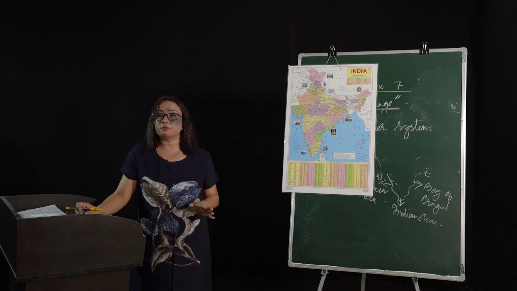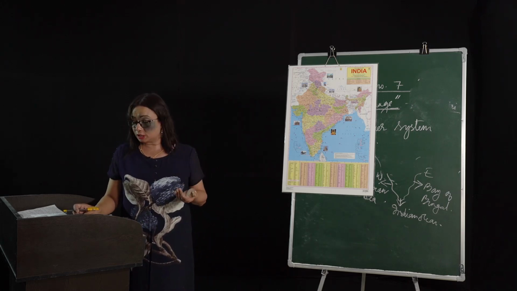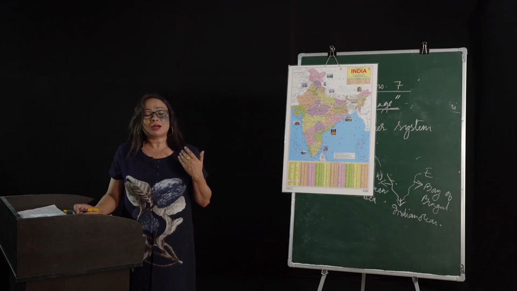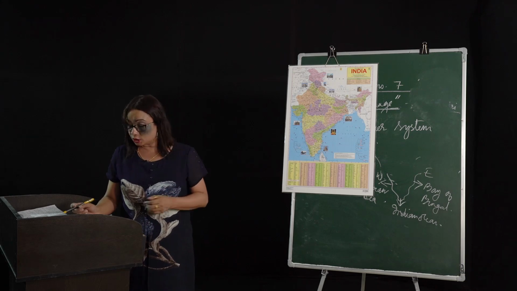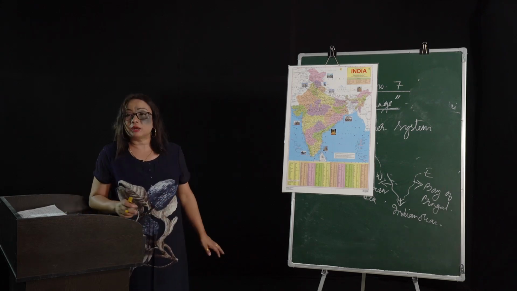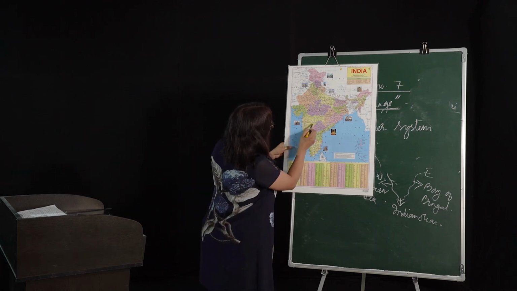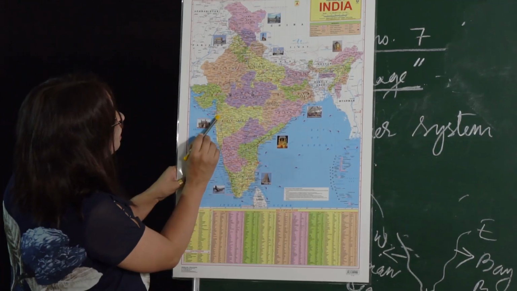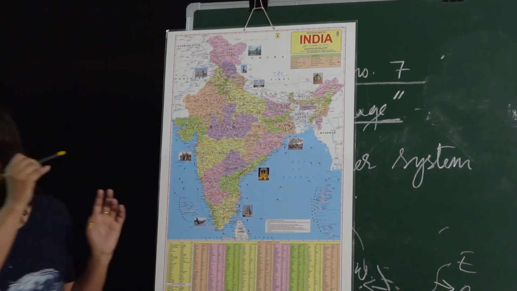Questions come many a time as multiple choice questions as well as 1 mark questions in your board exam. The Godavari is the largest peninsular river, and it also starts in a place called Nasik in Maharashtra. Nasik is exactly here in Maharashtra, the river Godavari starts here.